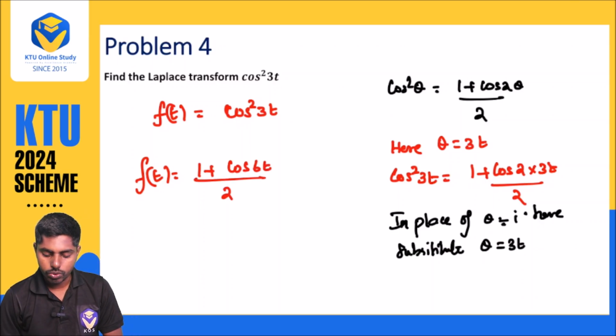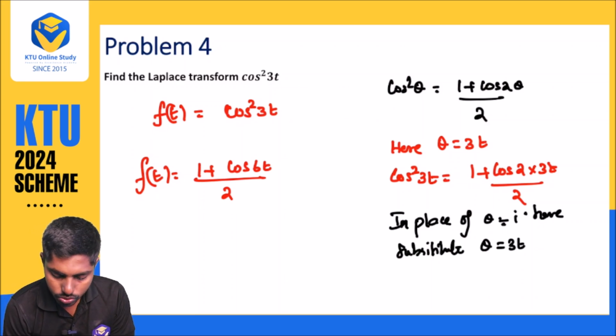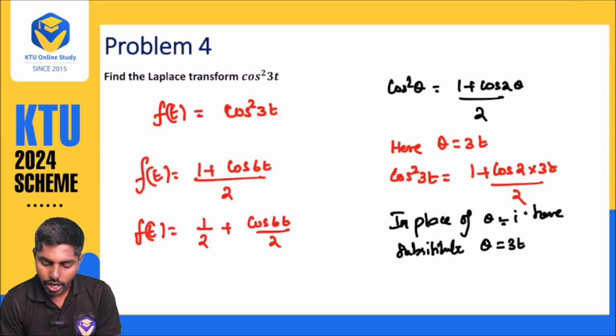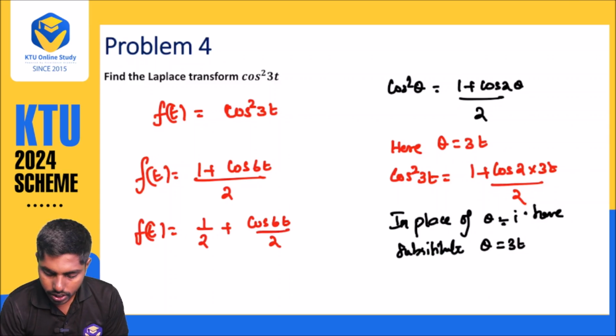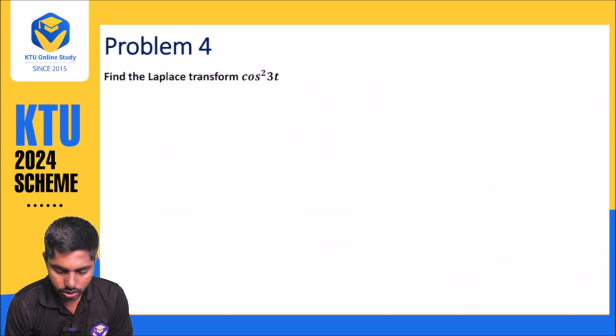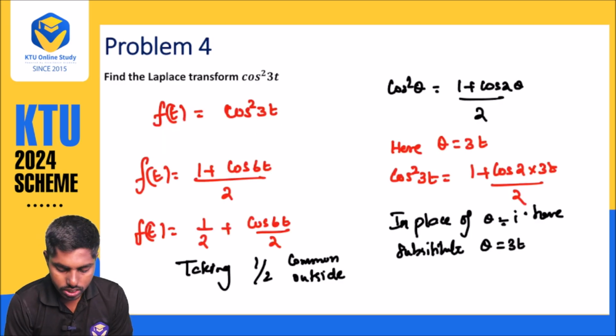From here I can take 1 by 2 common outside, that is the LCM. So f of t is equal to 1 by 2 into 1 plus cos 6t.